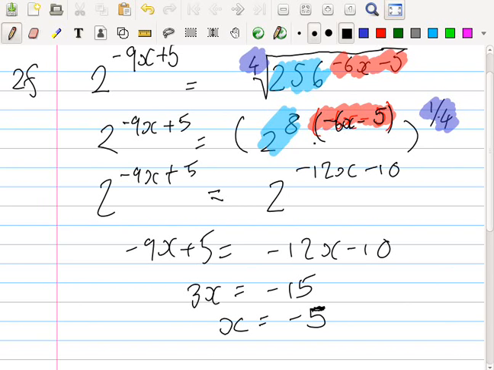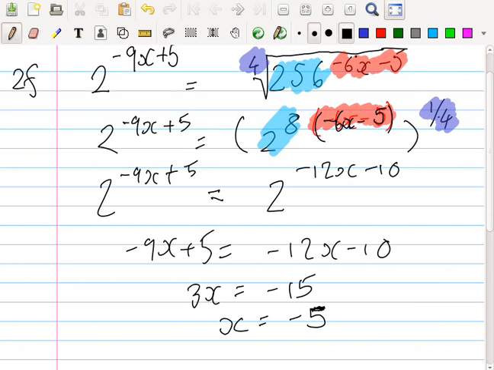First of all, I kind of did a couple of things at once, okay? So, if you look here, that 256, I changed it into 2 power 8. This fourth root, I changed it into power 1 over 4. And in red, I kept it the same. Okay, so now if you look, you have 3 things in the power.